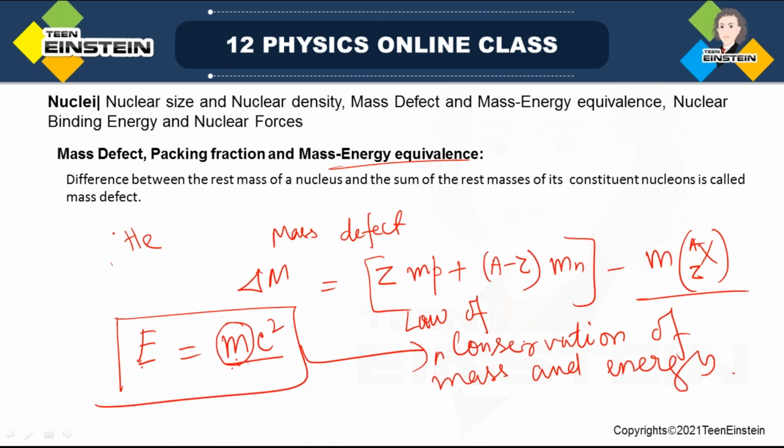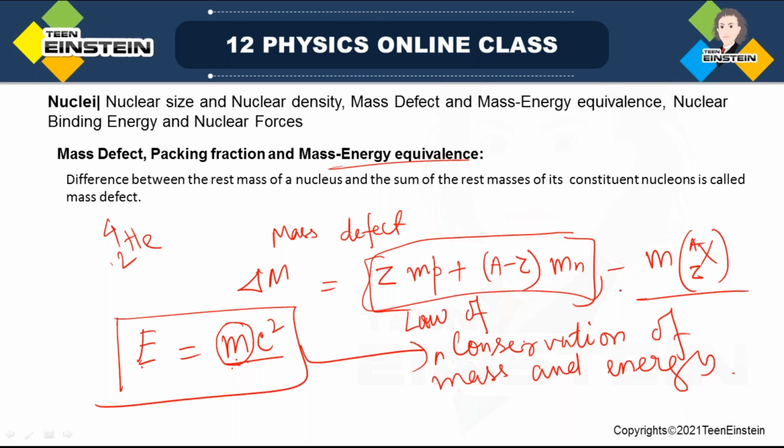If I somehow take two protons and two neutrons separately, together they have greater mass than the original helium nucleus.